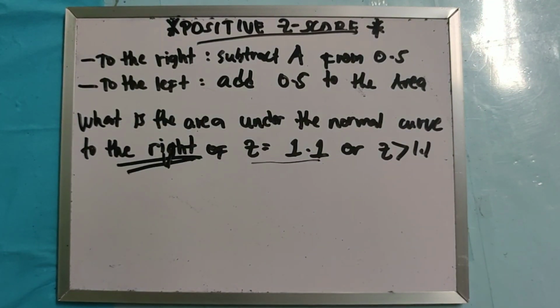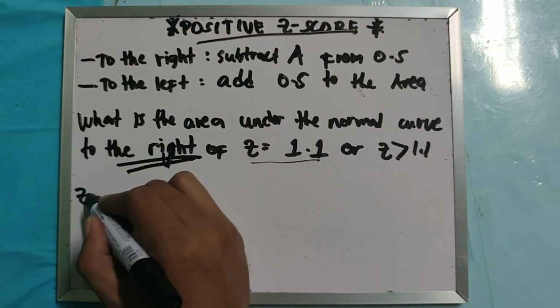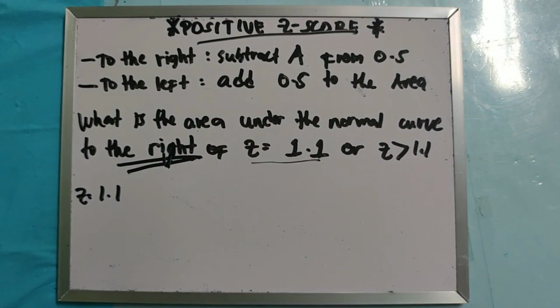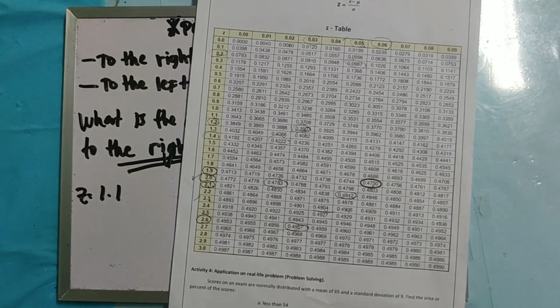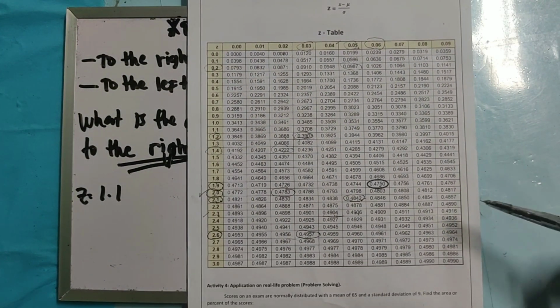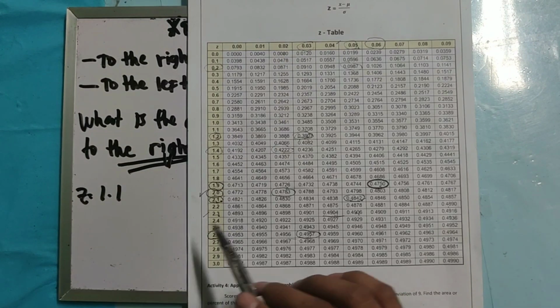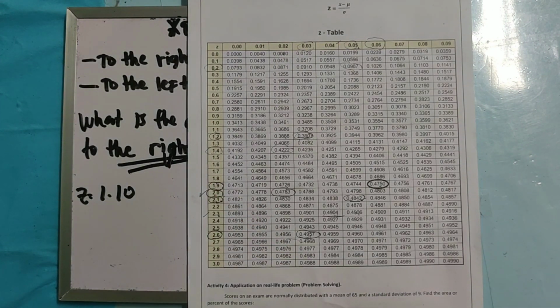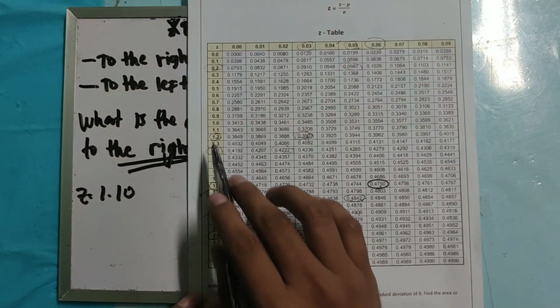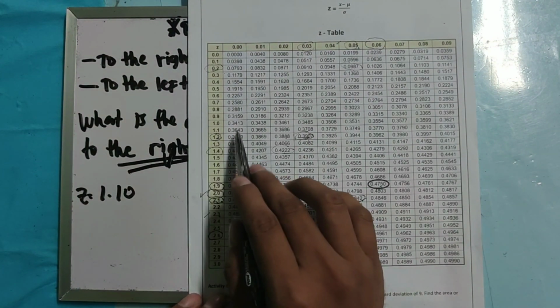So, anong gagawin natin? We are going to find first the area of z 1.1. So, nasaan dito si 1.1? Understood na may 0 dyan. So, 1.1 is here. And 0 is here.